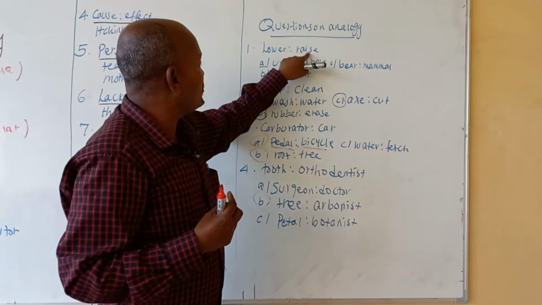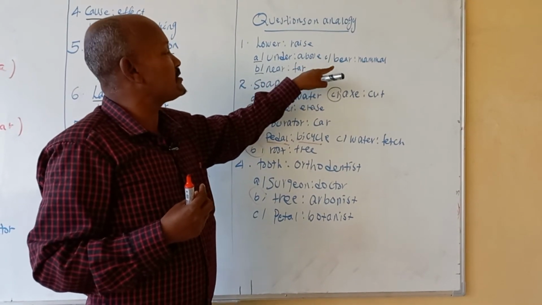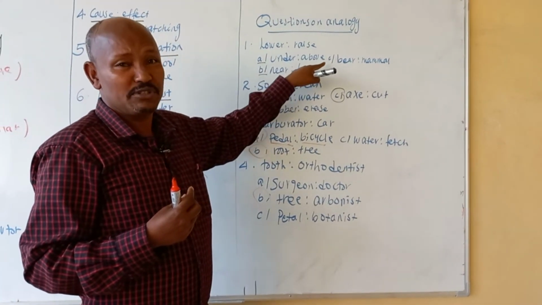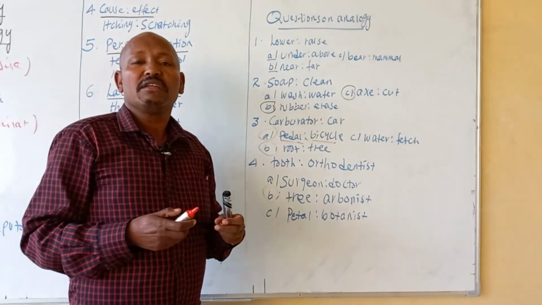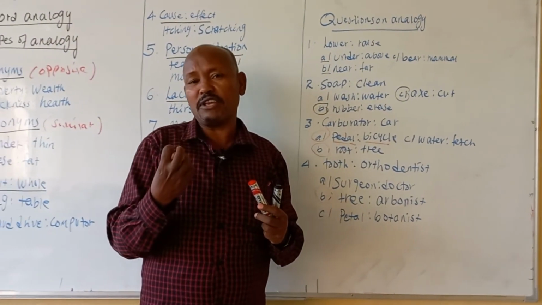After identifying how the words are correlated, you have to find a similar relation among the remaining words. These are the approaches of developing our vocabulary knowledge.